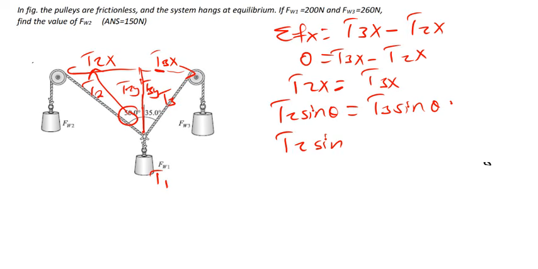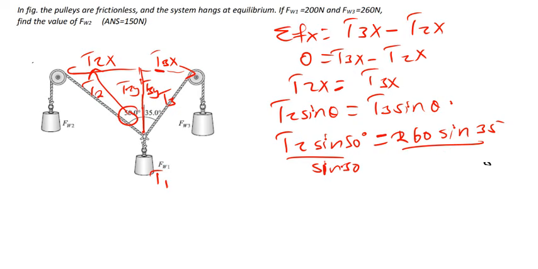T2 sine the angle, which is 50 degrees, is equal to T3, which I've been given to be 260, sine the angle 35 degrees. So I divide both sides by sine 50 degrees.